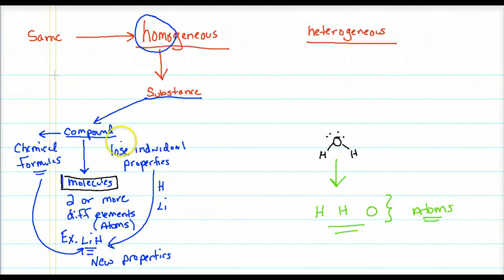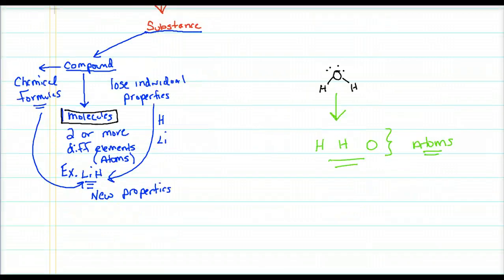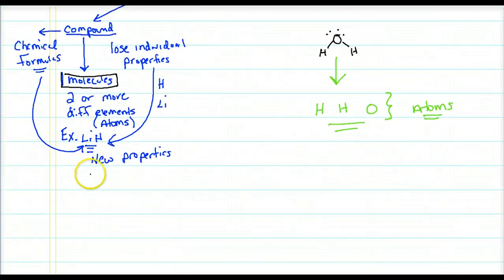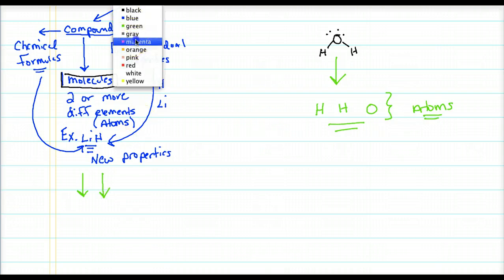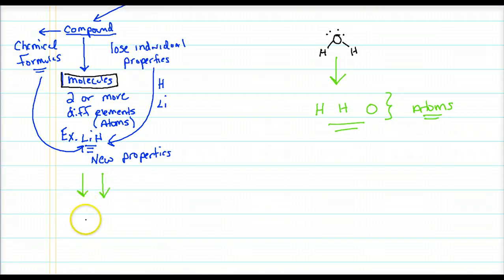So if you look at compound, I'm going to scroll down in this sheet here. Compounds can be broken down further. They can be broken down into elements. Now, elements are the group of the same type of atoms, and elements cannot be broken down into anything simpler.